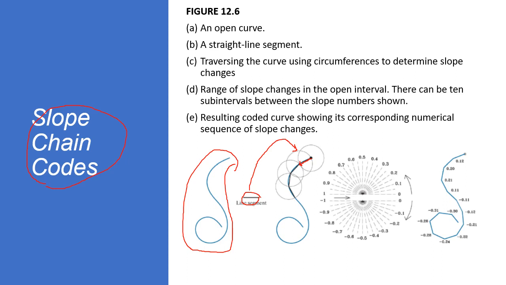And then we look at the table here. What is the direction? Okay, so in this case, the direction is 0.12, which is somewhere around here.